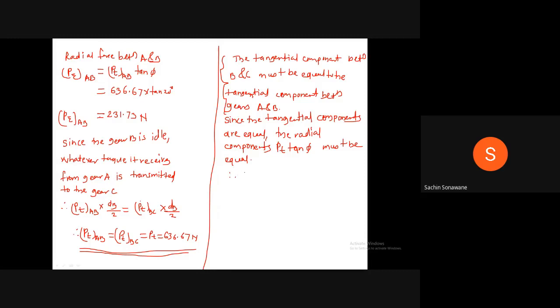Therefore, the radial component of force between BC is equal to the radial component of force of AB, which is equal to 231.73 Newton. Write down this.